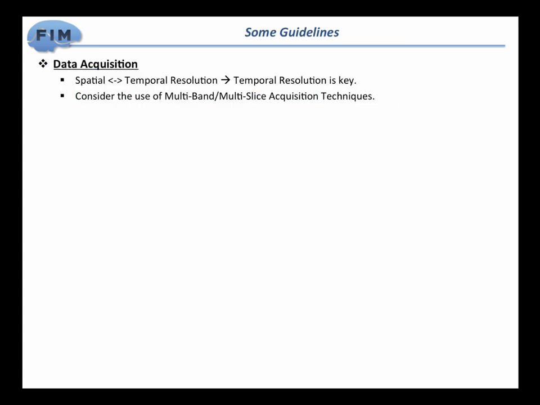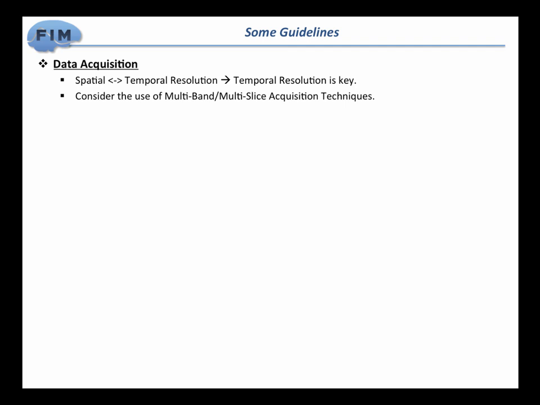So again, hopefully this gives you awareness about the topic and the concerns, but if you were to want to do it, some generic guidelines might also be helpful. If you're thinking about doing some study that involves an analysis of dynamic connectivity, there is always this trade-off between temporal and spatial resolution.